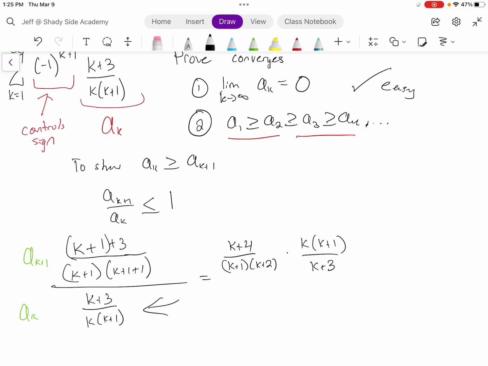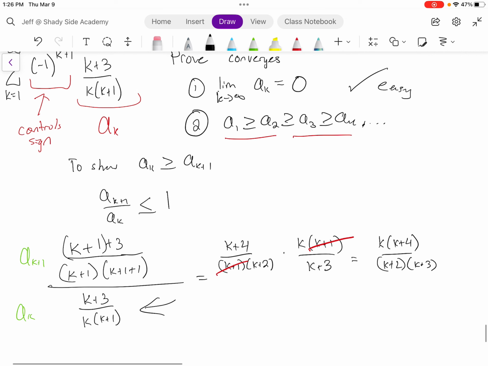Okay, let's look at what cancels nicely. These k plus 1s go away, and I'm left with something that looks like this. Same thing we were left with in class, but again, without the limits. k plus 2, k plus 3. And so this thing is just k squared plus 4k over k squared plus 5k plus 6.